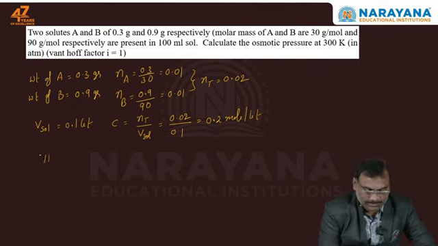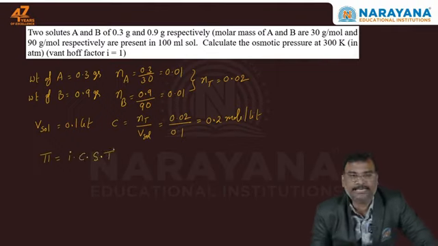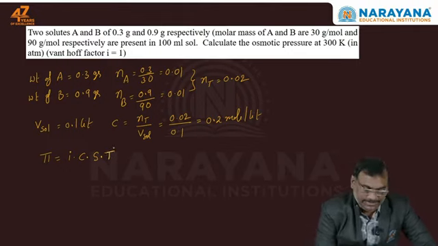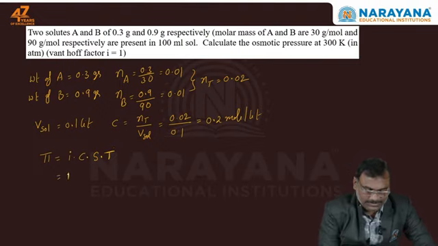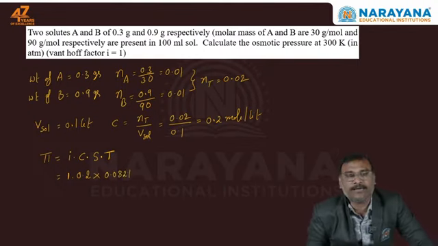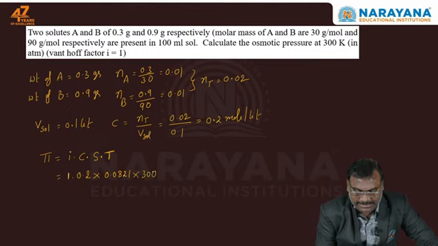According to the osmotic pressure formula, pi equals i into concentration into S into T. Here T is the temperature, i is given as 1, concentration is 0.2 moles per liter, the S value is 0.0821 liter atmosphere per mole per Kelvin, since they gave the question in atmosphere, and temperature is 300 kelvins.